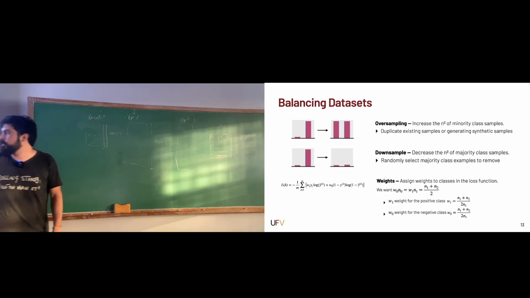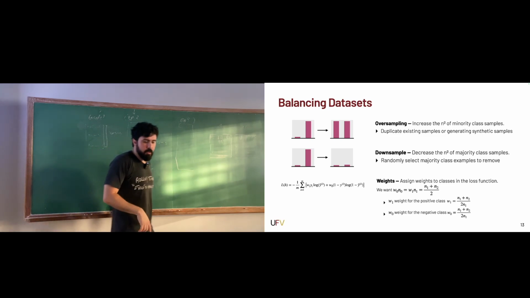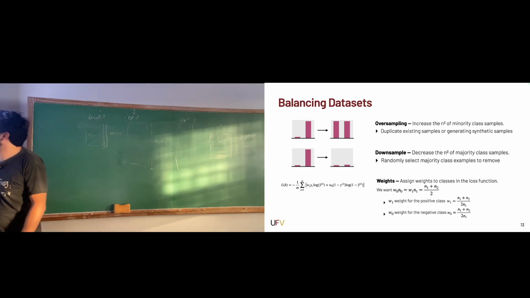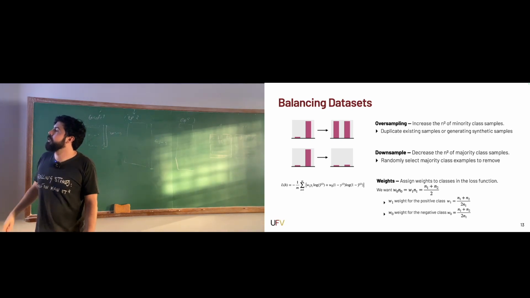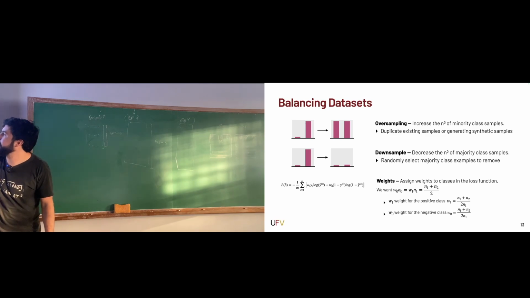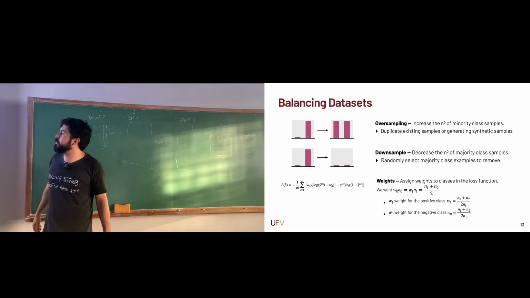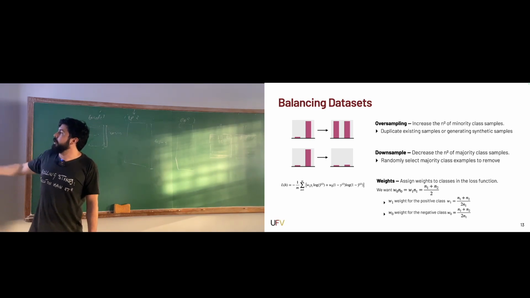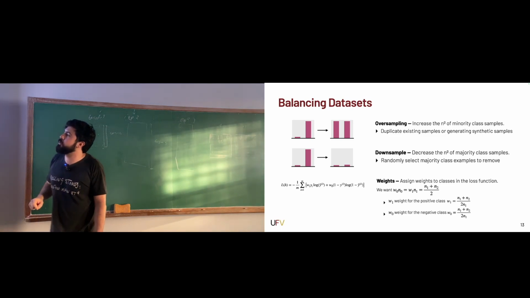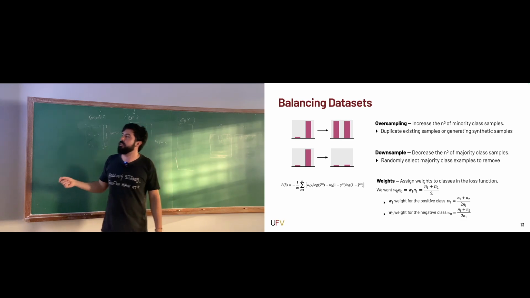N1 is the number of examples of class 1, and N0 the number of class 0. Basically, what I want is W0 times N0 to be equal to W1 times N1.